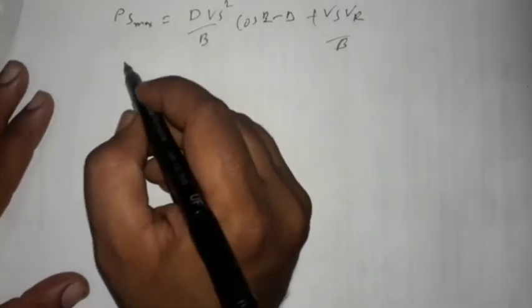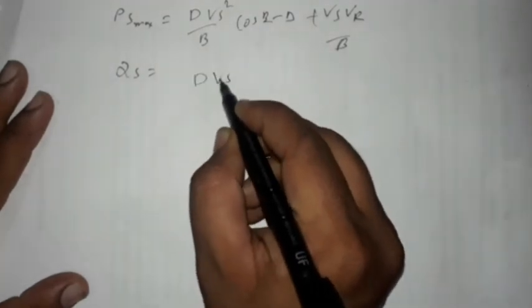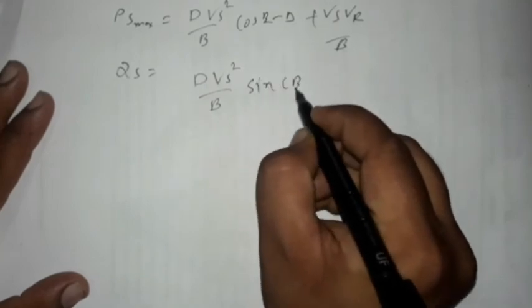Now Qs is equal to DVs square by B sin(beta minus delta) minus 0 for sending end reactive power.